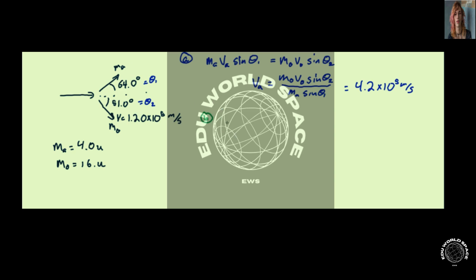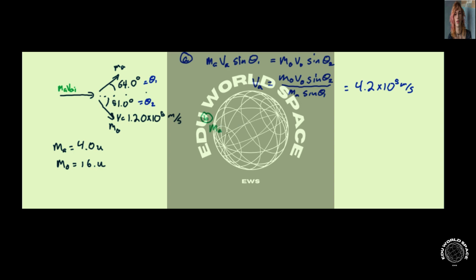Now part B asks us to find the original velocity. And for that, we can look at the x components, or the parallel components. The original velocity, we'll call VAI for initial, has to equal the combined parallel components, the combined x components of these two velocities.